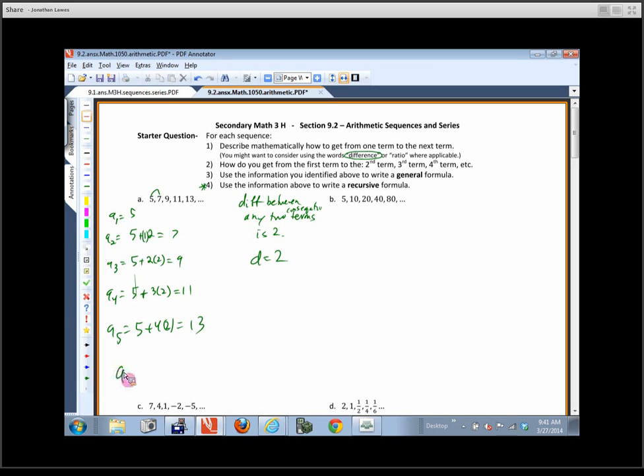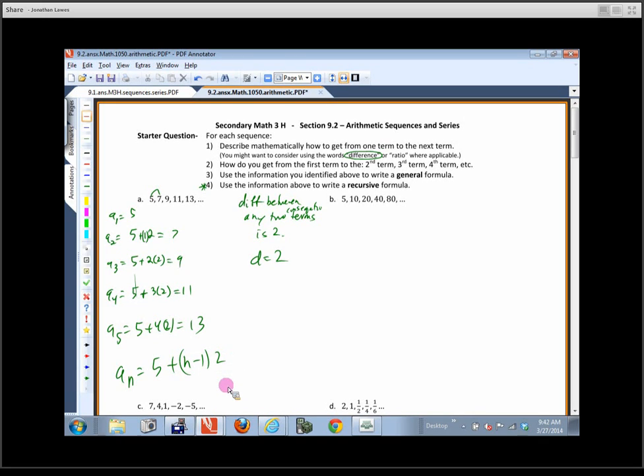So if I said a sub n equals something, what's the first thing I write? 5. Plus what? Should I do n times 2? No, what should I do? Okay, 2 times n minus 1, or I'm going to do n minus 1 times 2.